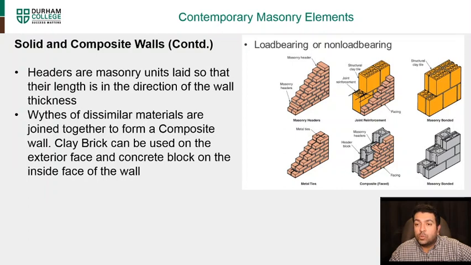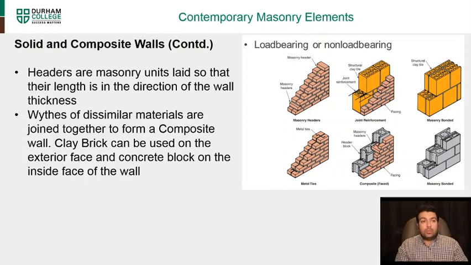And then you have two clay tiles here, and you have two masonry bricks here, but you have a masonry brick and a clay tile to create a composite wall. Here you can see there is a header unit that is going inside, and that's to combine the two.